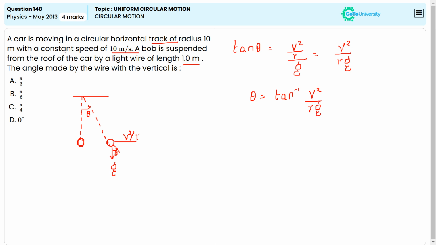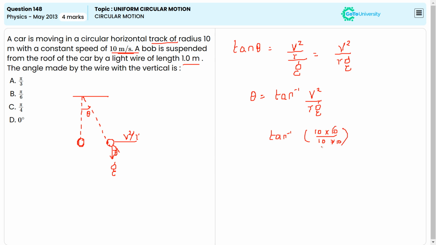And they are given here the constant speed, that is 10 meters per second. This is the velocity, and the radius is 10 meters. If I substitute these values, theta is equal to tan inverse of v square, that is 10 into 10, divided by r into g, that is 10 into acceleration due to gravity, which I will take as 10.